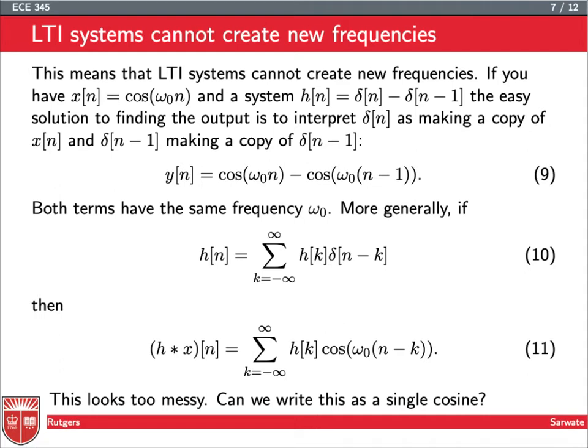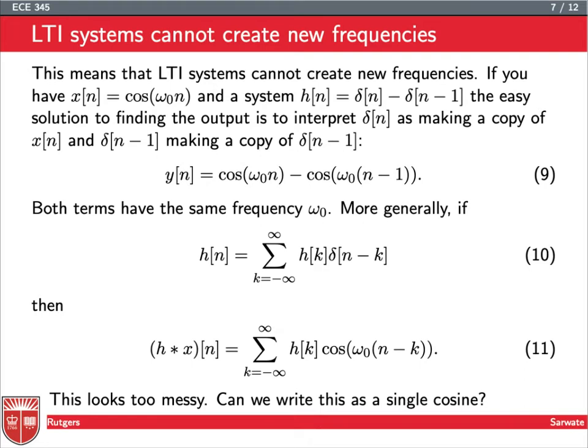And more generally, if you write h of n in terms of a series of delta functions, then delta n minus k convolved with this cosine is just going to produce a cosine omega naught n minus k, because it's just delaying it by k, and then we get this constant multiple h k, which comes from here.